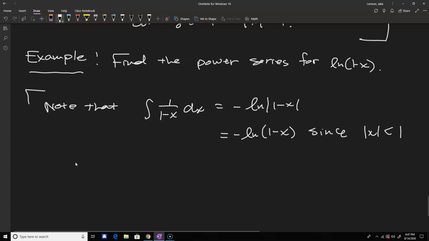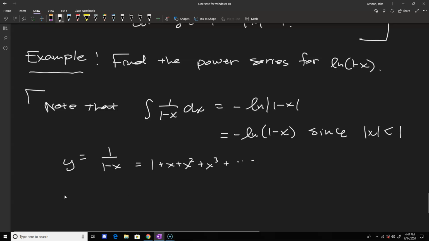So what do we do? We know that typically y equals 1 over 1 minus x would be 1 plus x plus x squared plus x cubed and so on.